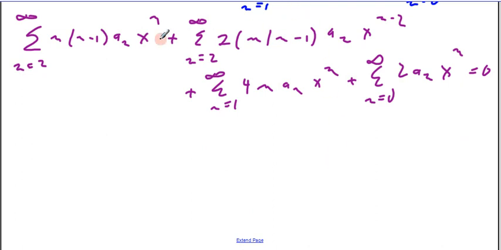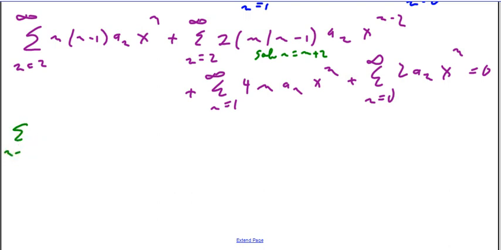I've got to do something. I have x^(n-2), x^n, x^n. So in this one, I'm going to do a substitution, n = n + 2. That way I get everything as x^n. I'm going to rewrite everything.